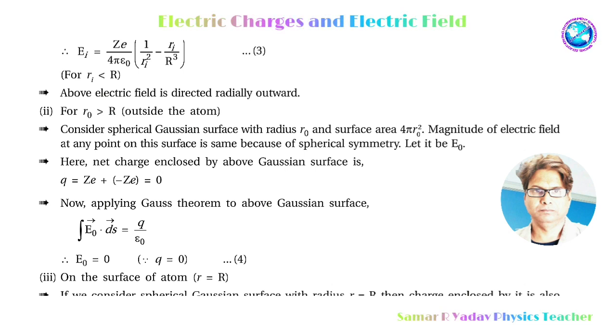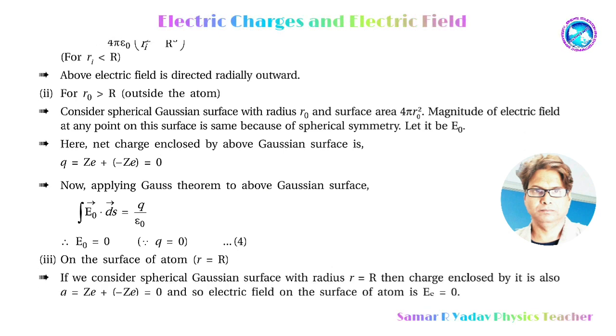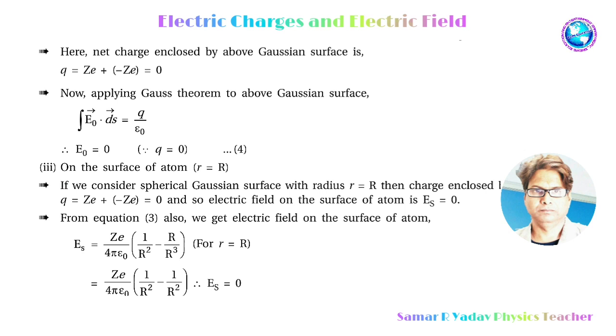Here the net charge enclosed by the above Gaussian surface is small q equal to capital Ze plus in brackets minus capital Ze. Both are cancelled, which is equal to 0. Now applying the Gauss theorem to the above Gaussian surface, integration of vector E0 dot vector ds is equal to q upon epsilon 0. E0 is equal to 0.